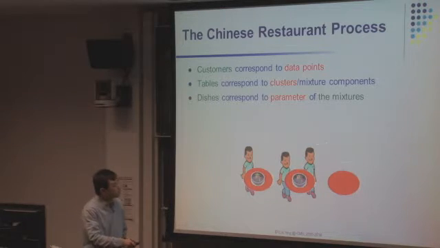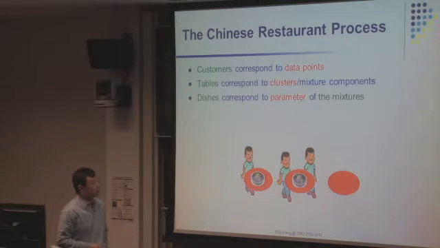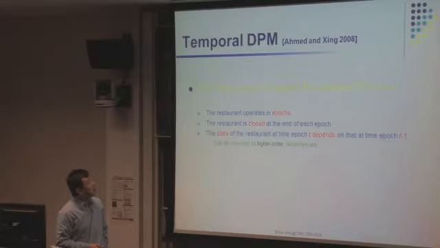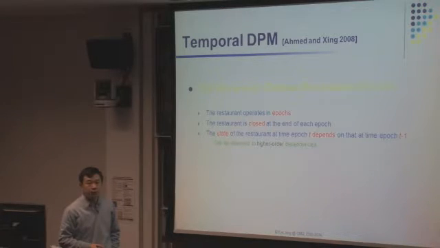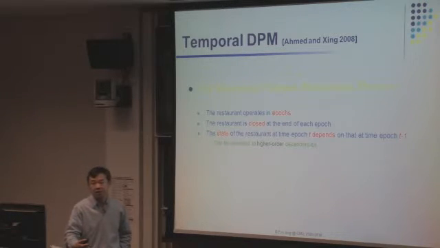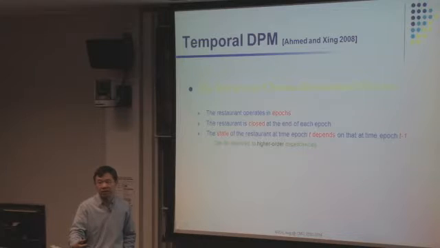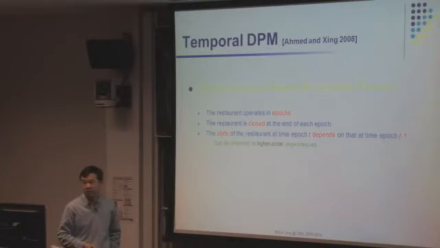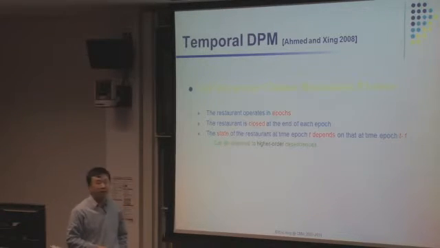So here's a story. I have this CRP, and I want to reuse this over time in a recurrent fashion, so that the next Chinese restaurant I build at the second time point is going to be dependent on the one at the previous time point in some way.